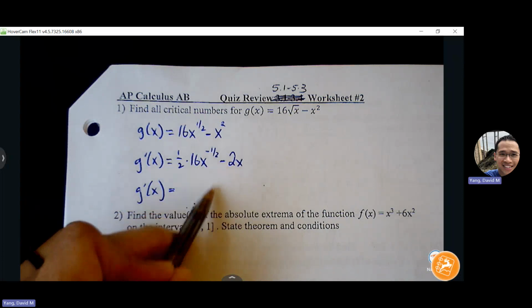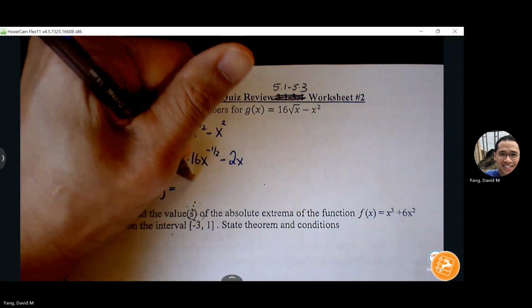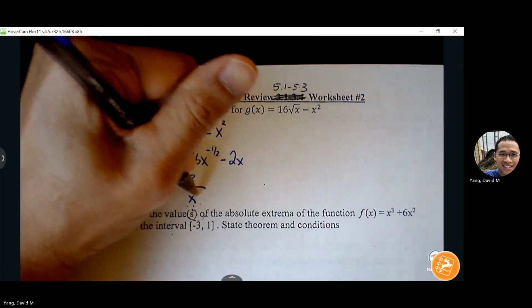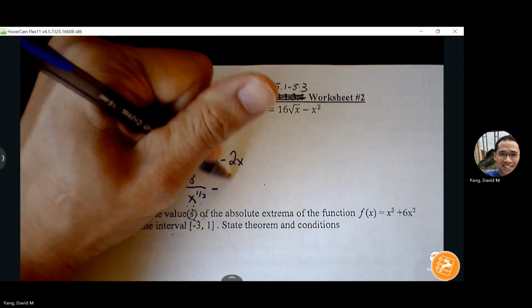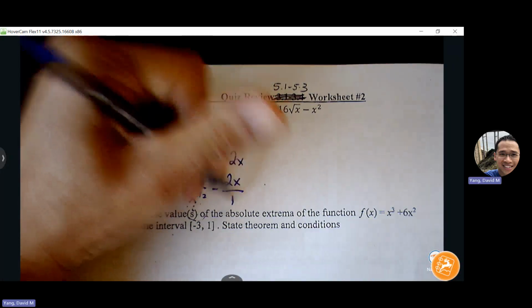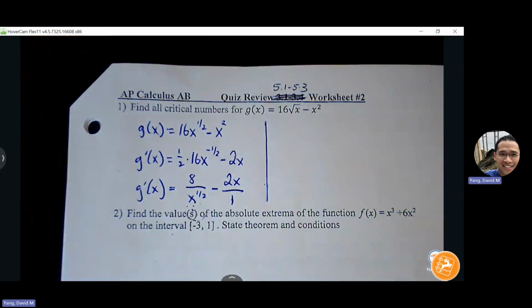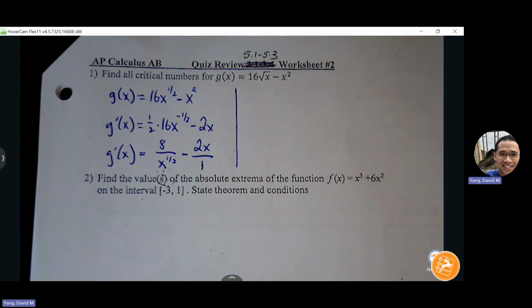I could push that x down to the denominator. And you can tell that these are not sharing the same common denominator. So let's create common denominators so that we can cause these two separate fractions to merge together. And once it merges together, we can look for critical points in both the numerator and denominator.